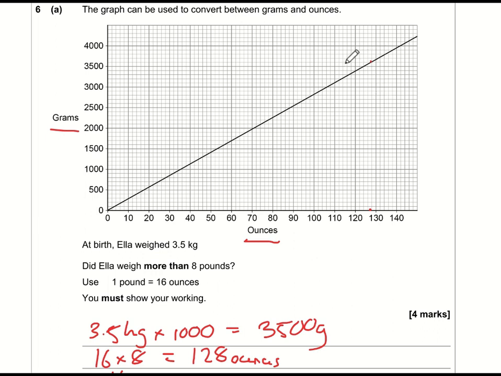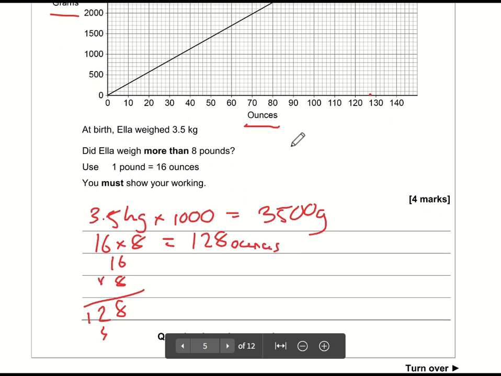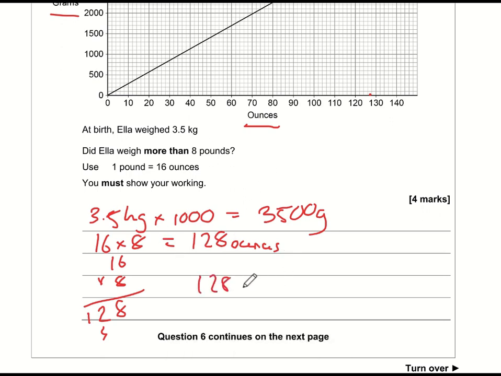We just need to go across. Now for me this is one line above 3,500. On the vertical axis, we're going up in hundreds, so that is 3,600. So according to the graph, 128 ounces is 3,600 grams.